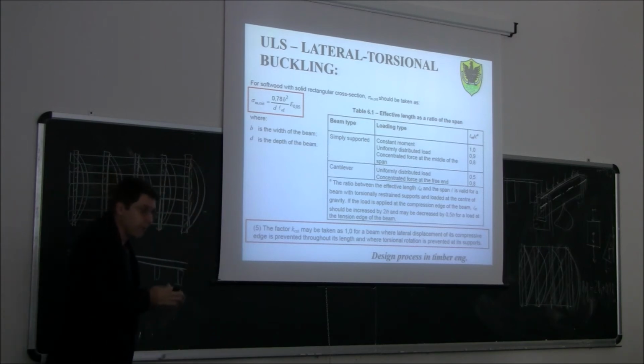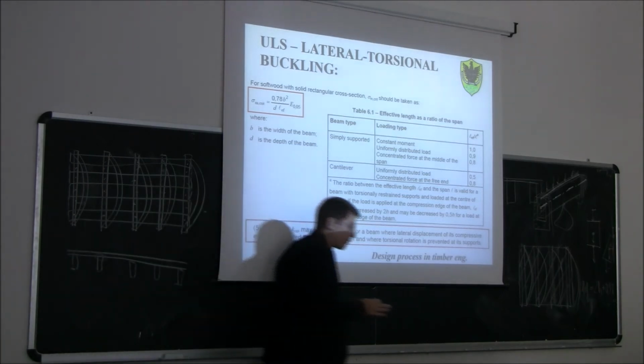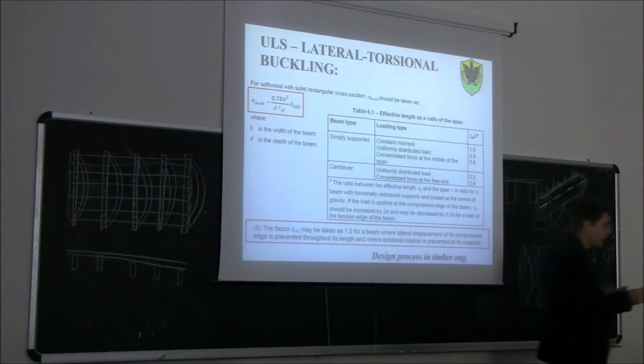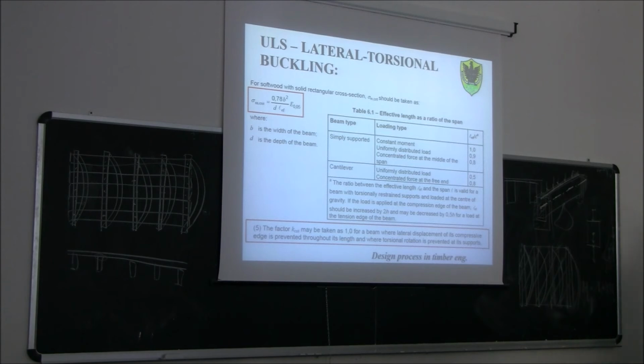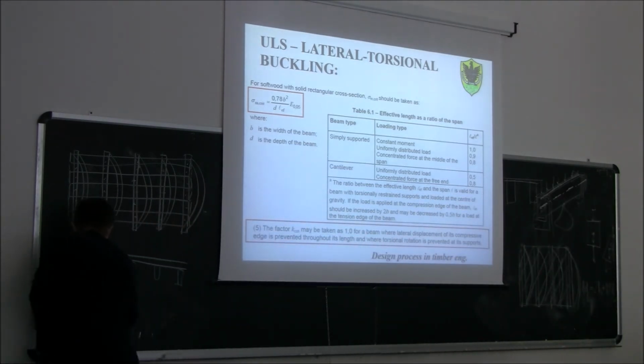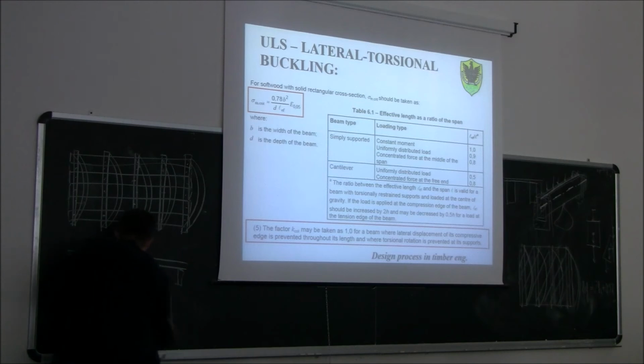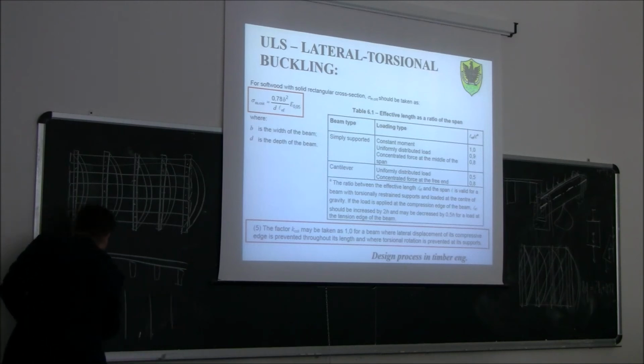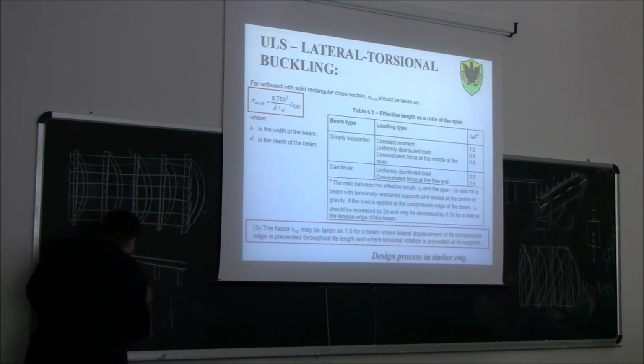This is the case that you have if you have very narrow boards connected with only one nail in the middle. Because in this case, the situation would be like beams connected with some trusses like this.